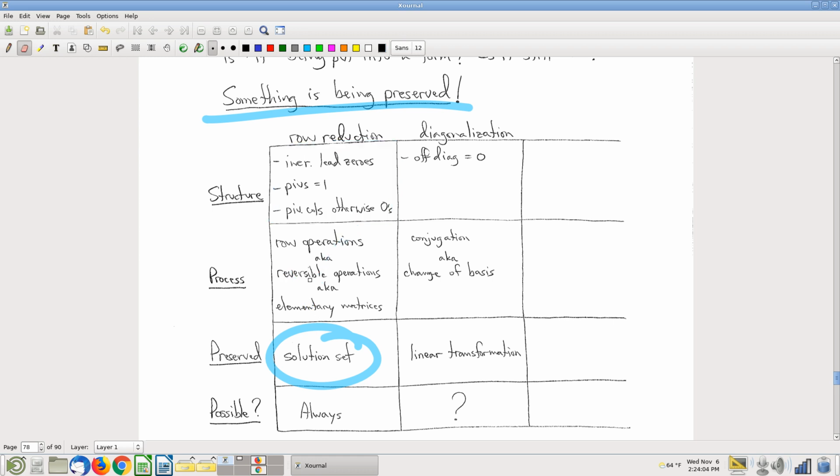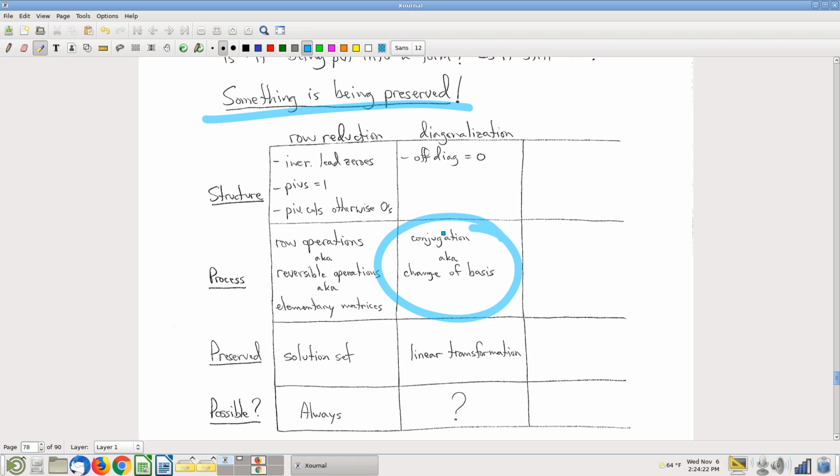Highly analogous, but with different details, with diagonalization. What is a diagonal matrix? Well, it's easier to define a diagonal matrix. What's the process of diagonalizing? Well, we talked about this.